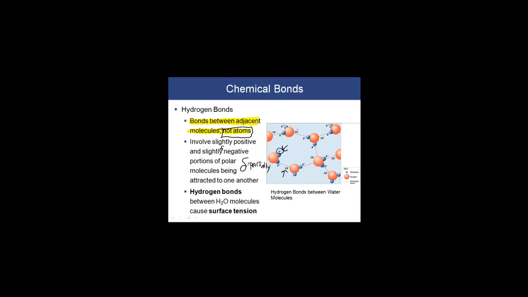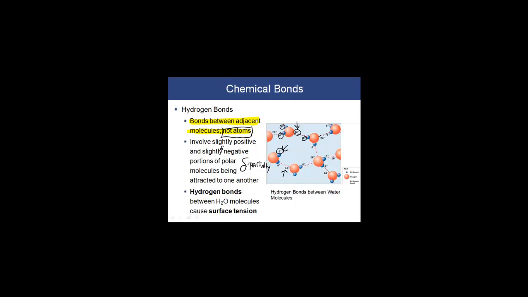And we even have the notation. Here's the partially negative oxygen side of the molecule, and the partially positive sides of the hydrogens. The partial negative side of one molecule is going to be attracted to the partially positive side of another molecule.